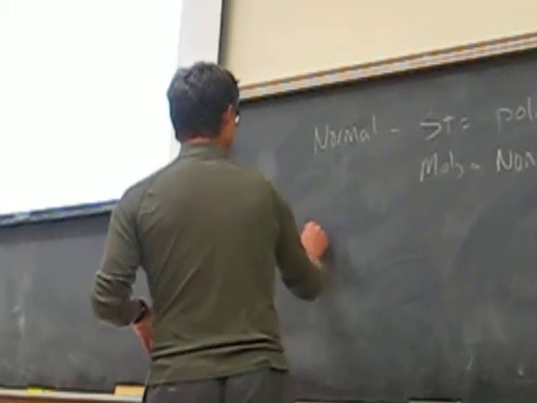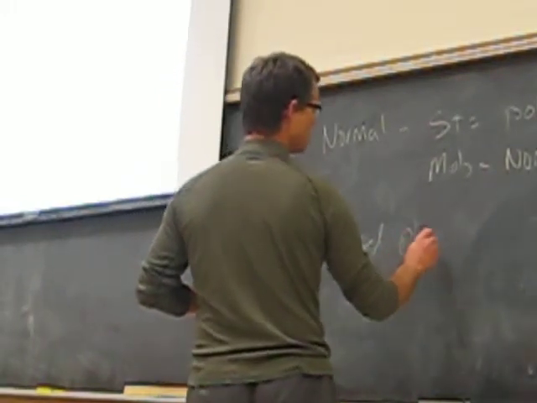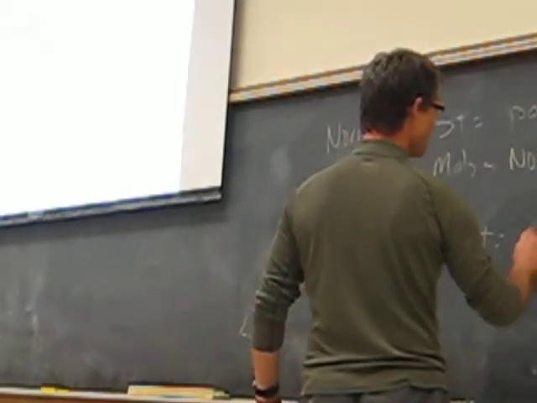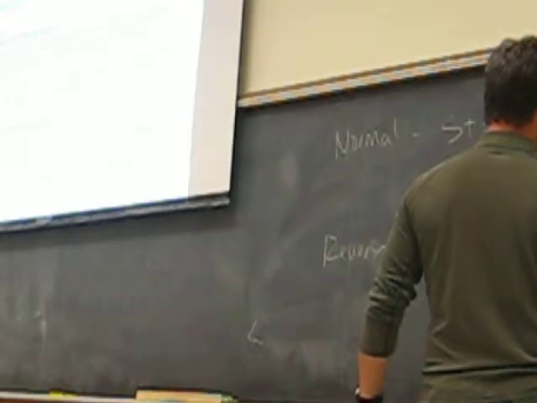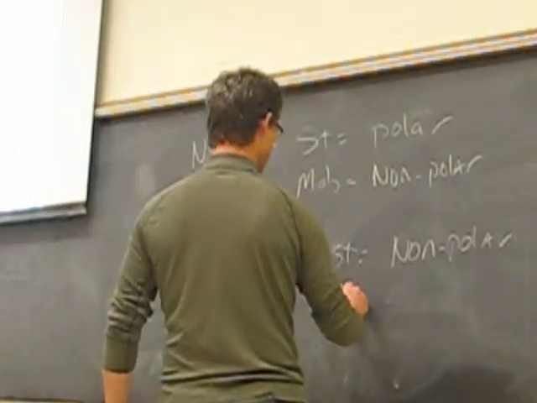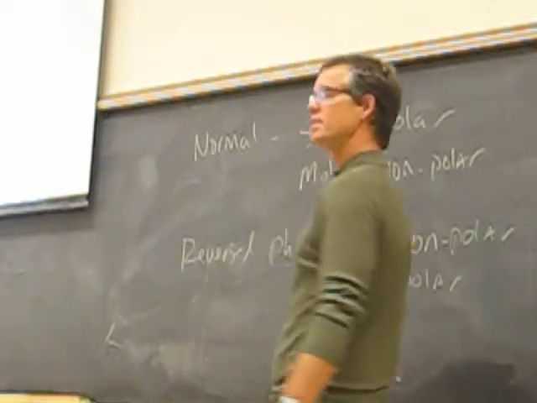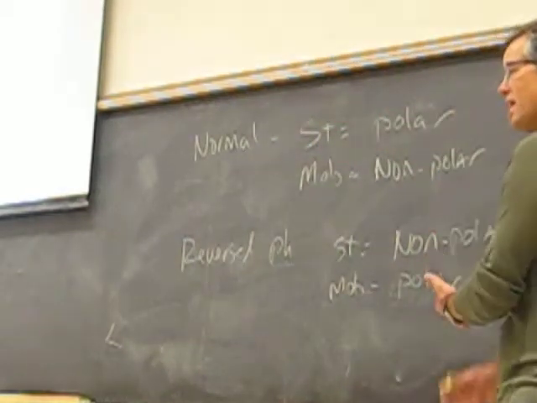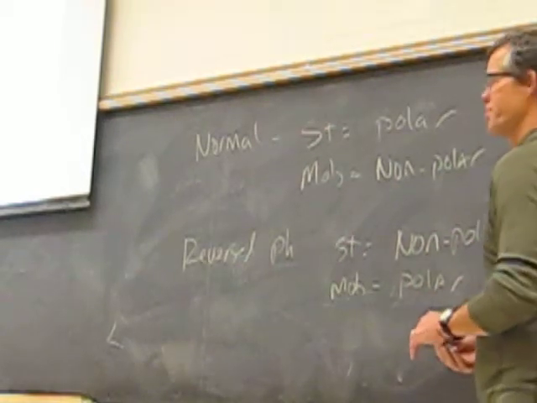With the reverse phase, it's just reversed, where the stationary phase is nonpolar, like a carbon chain, and the mobile phase has polar characteristics. Very simple in that sense. It's very complicated how things behave in there, but the basic of it is just as simple as that.